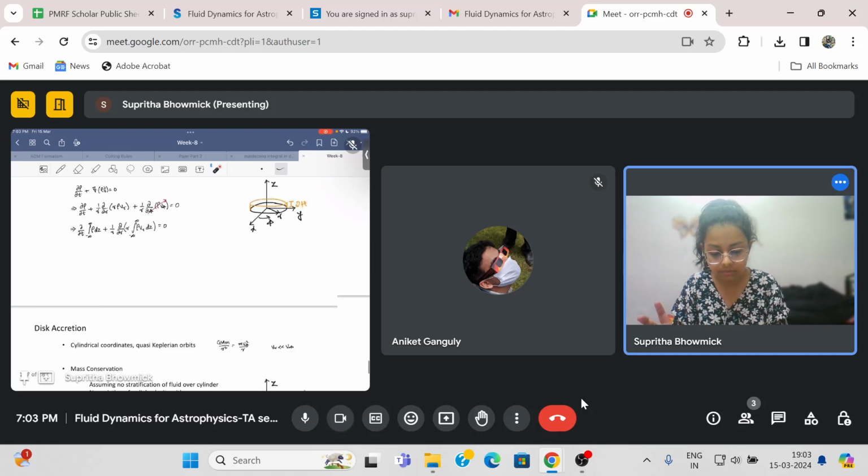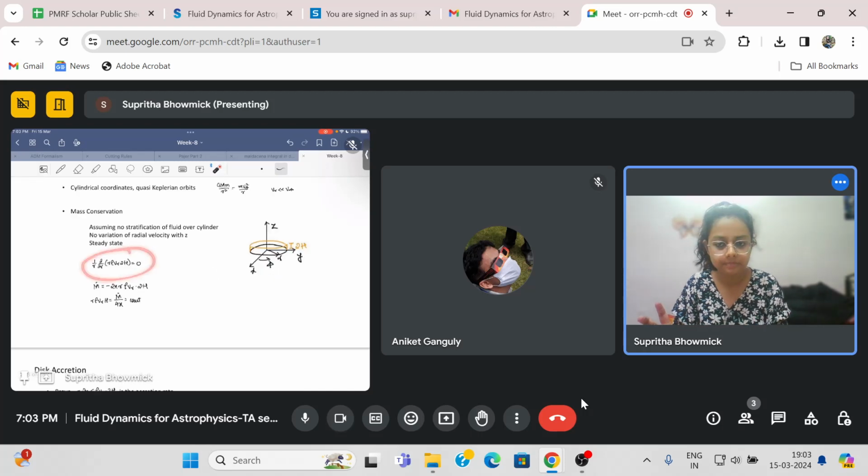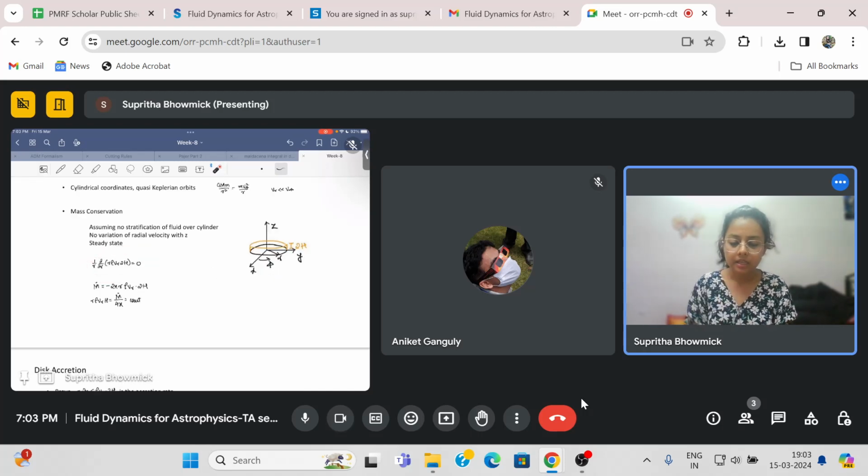So I remain with this term and just substitute 2h. Now the claim, which we will prove, and which I think is also shown in the lecture, is that the rate of accretion is equal to 2 pi r times rho times the radial velocity component times 2h. If we use this in the mass conservation equation, we get that M dot is a constant with respect to r.